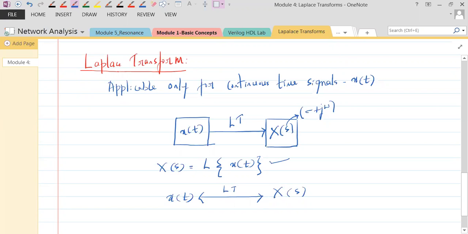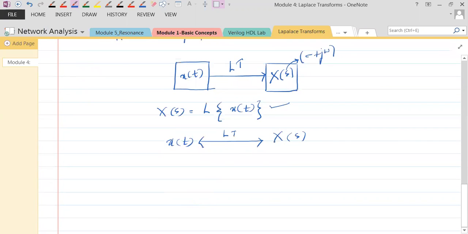Or if you have x of s in hand, you can obtain x of t by applying inverse Laplace transform. If x of s is there, we apply inverse Laplace transform to obtain x of t. If we have x of t, we apply Laplace transform to obtain x of s. So this x of t and x of s are called transform pairs.